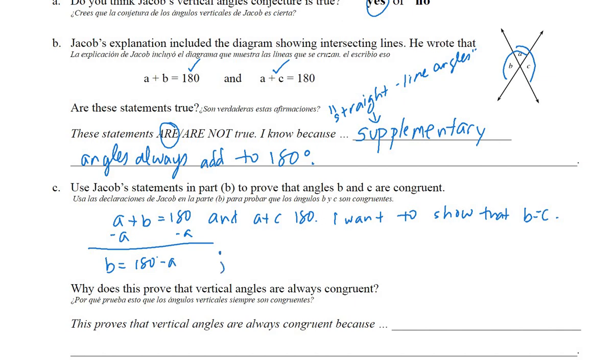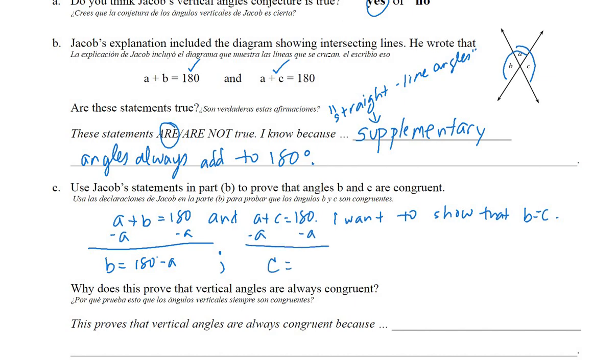Similarly, here I want to get C alone. And by the way, originally I was missing an equal sign. If you were missing one, please go ahead and add it in. It belongs right here. I want to get C alone, so I will again subtract A from both sides.